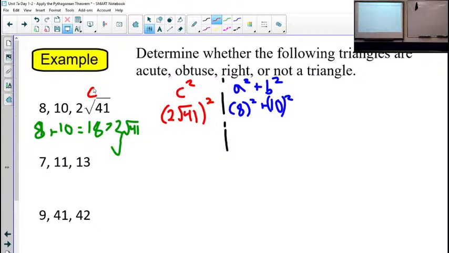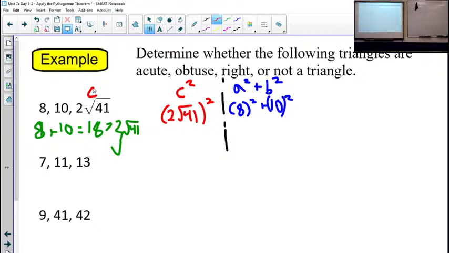If you're using the calculator on this one, be careful. Do not use decimals and start rounding here. Without the calculator, the way that we can do this is that I can square each part.